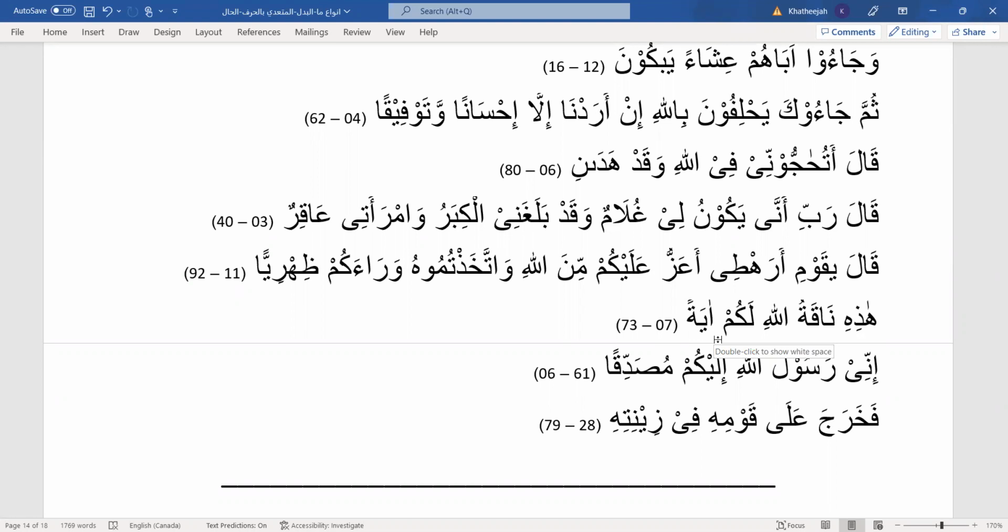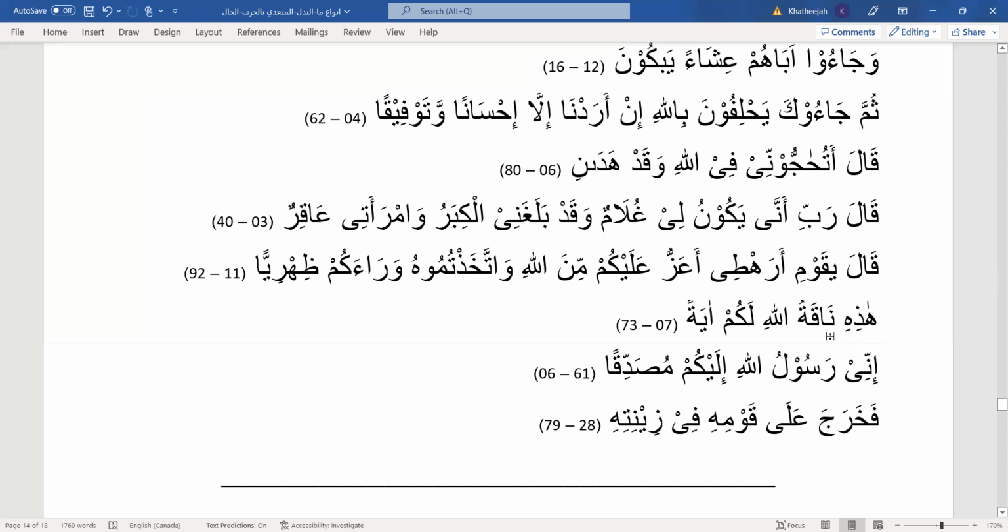And when that happens, that hal will be either for the mubtada or for the khabar. For example, over here, naqatullahi is an ayah, a sign from Allah subhanahu wa ta'ala. So ayatan will be a hal of naqatullahi. It's a hal of a khabar.